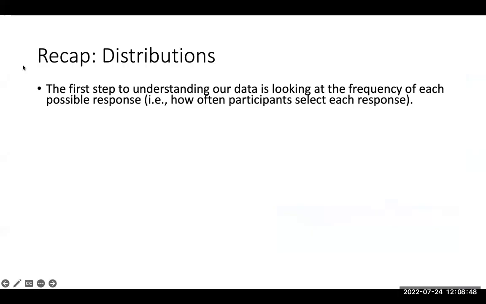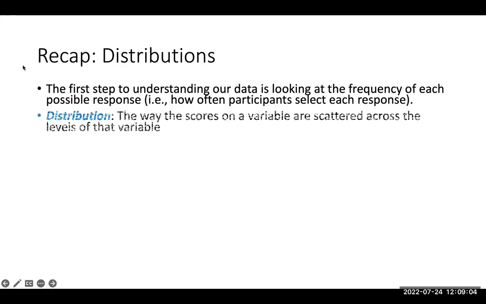The choices could be strongly agree, neither agree nor disagree, and strongly disagree. When we collect the data from your class, we would like to know how often people selected each of those responses.